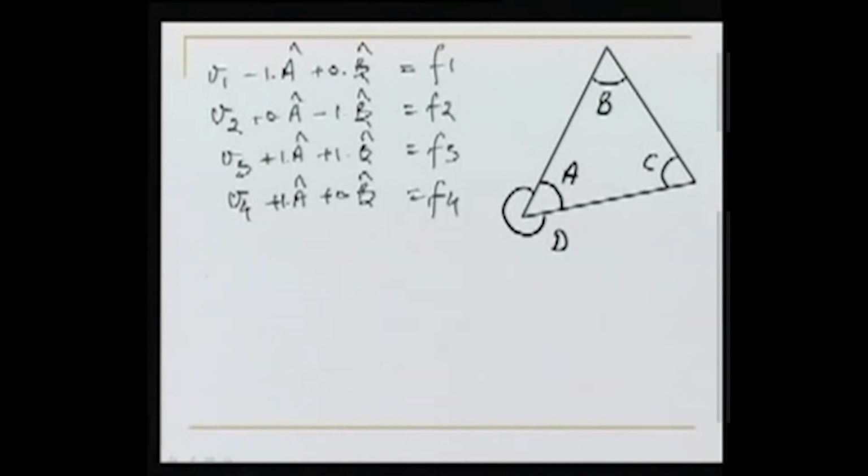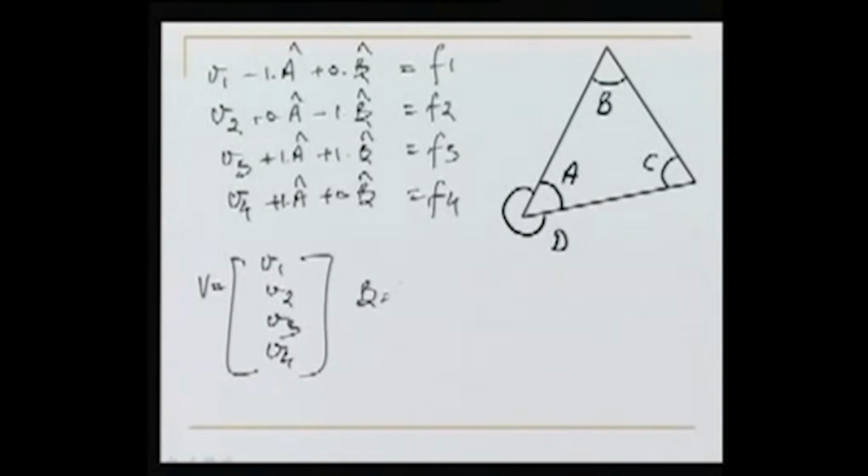Now we write it in matrix form. Our matrix V is V1, V2, V3 and V4. The matrix B is the matrix of coefficients, which you can see here is minus 1, 0; 0, minus 1; 1, 1; and 1, 0. And delta is A hat and B hat.